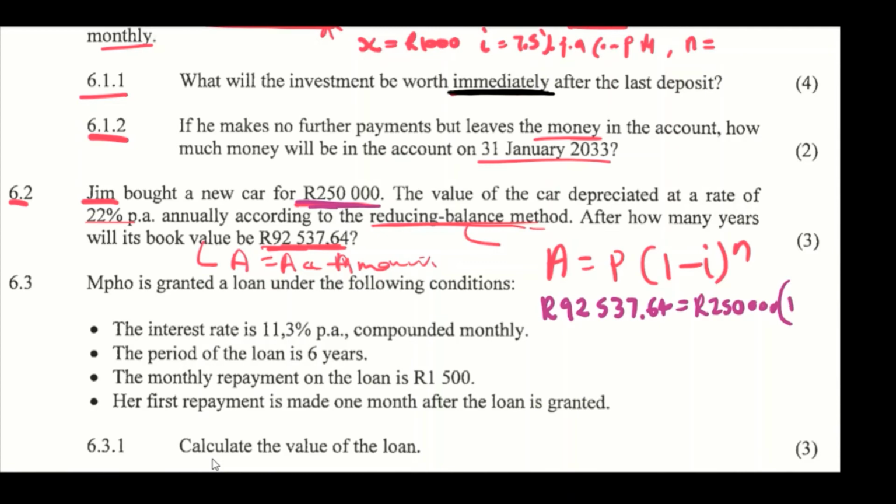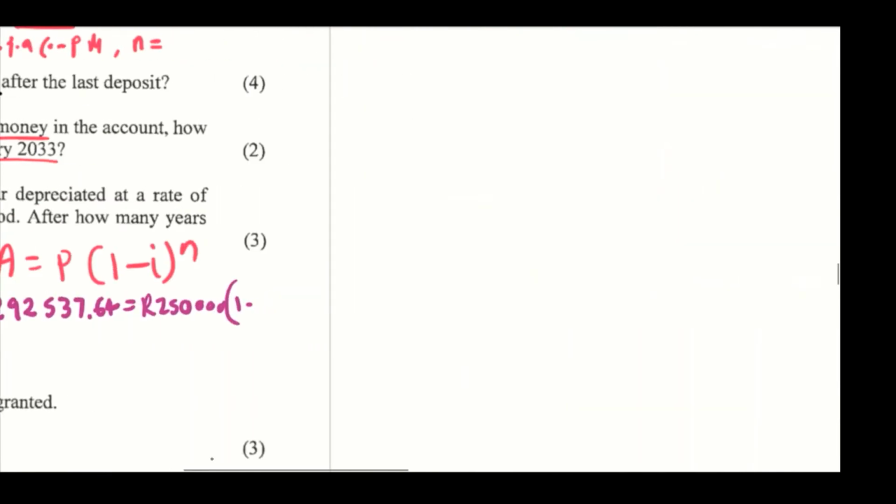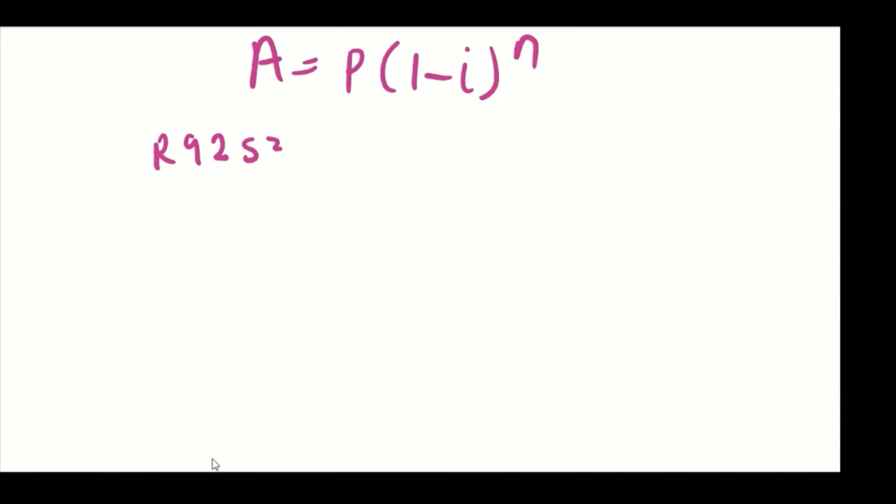250,000 into 1 minus, actually let me use this side here. So we have A is equal to P into 1 minus i to the power of n, and our A is equal to 92537.64, which is equal to the price of the car, 250,000 rand, into 1 minus our interest rate, which is 22%, so 1 minus 0.22.